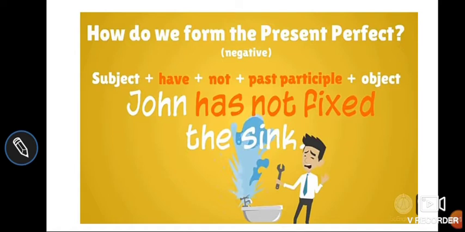Because the word John is third person. It is not I, it is not you. It is John. So we are using has. John has not fixed the sink. The word fixed is the verb, also called the past participle.